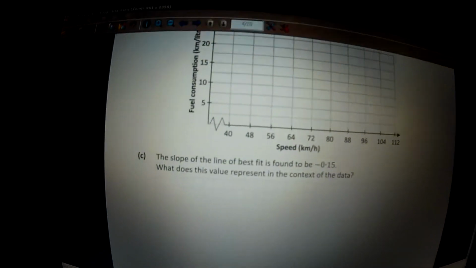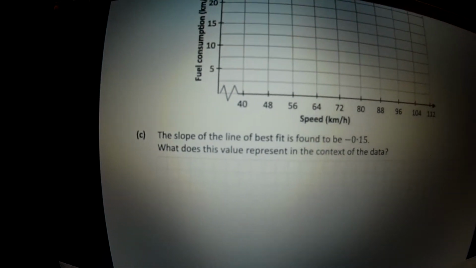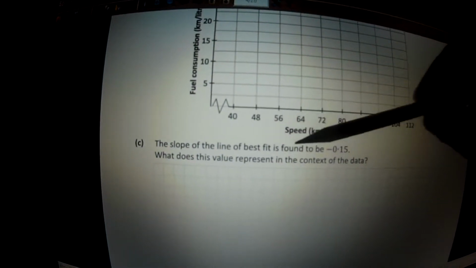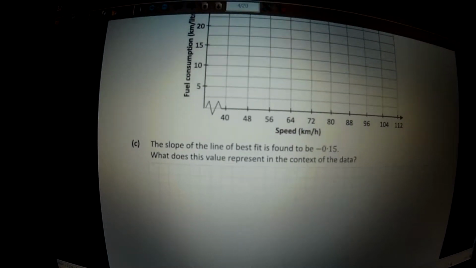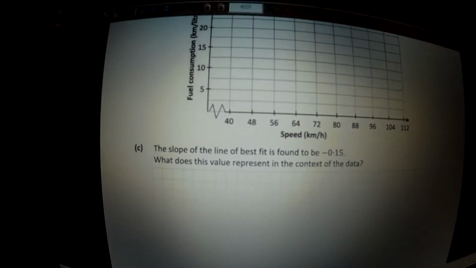Then it says the slope of the line of best fit is found to be minus 0.15. So they must have done a more perfect example with some software. What does this represent in the context of the data?